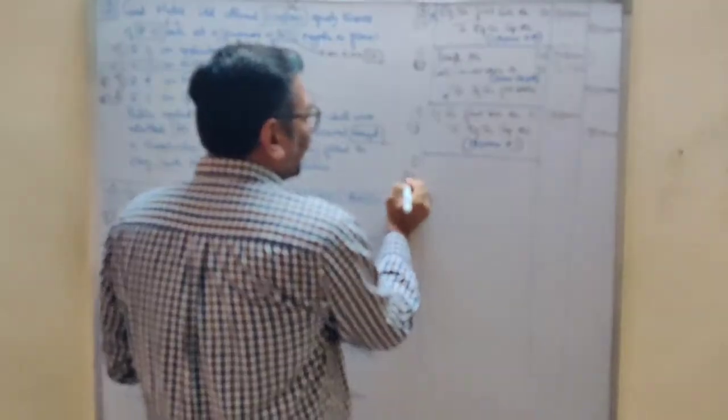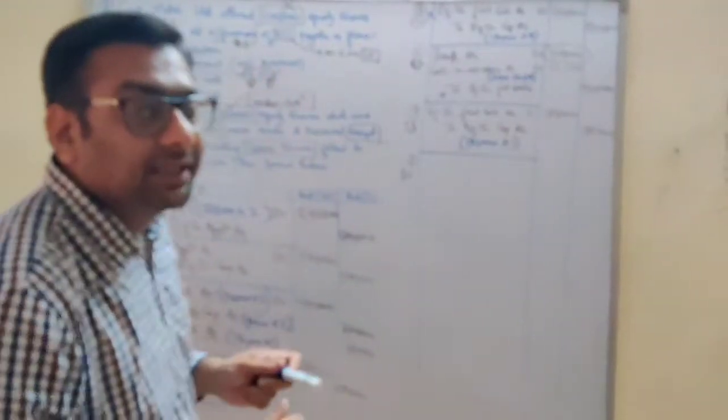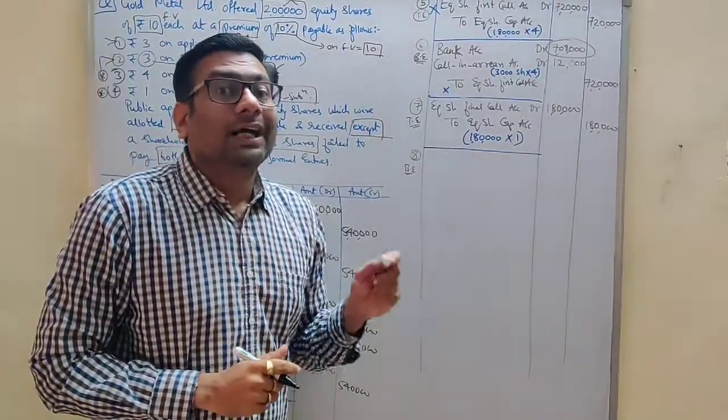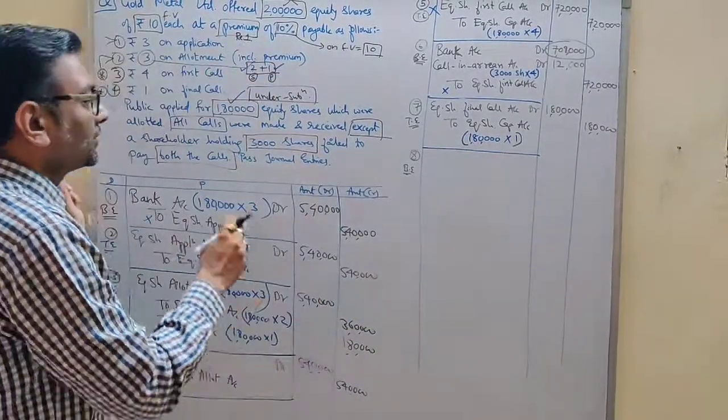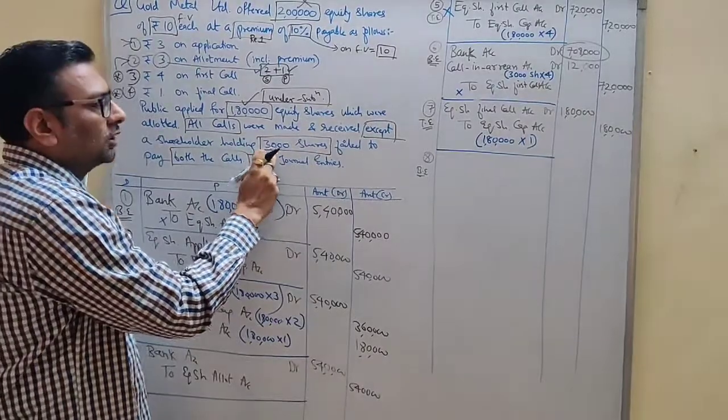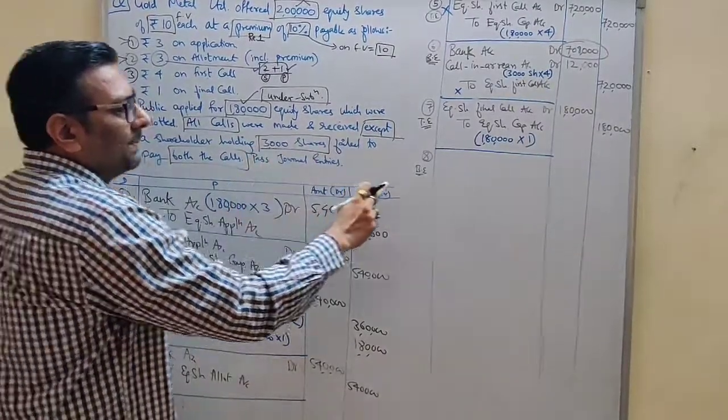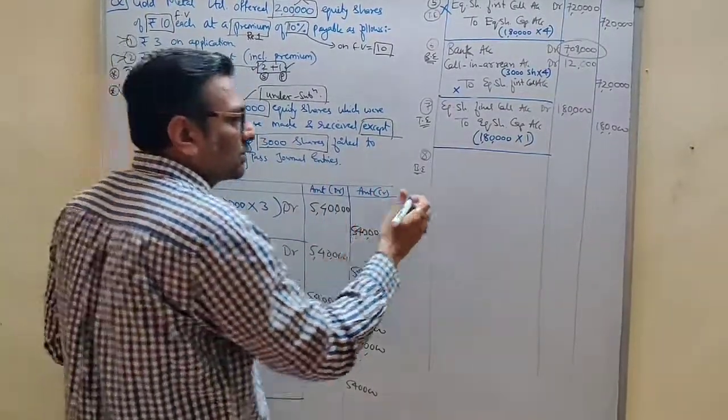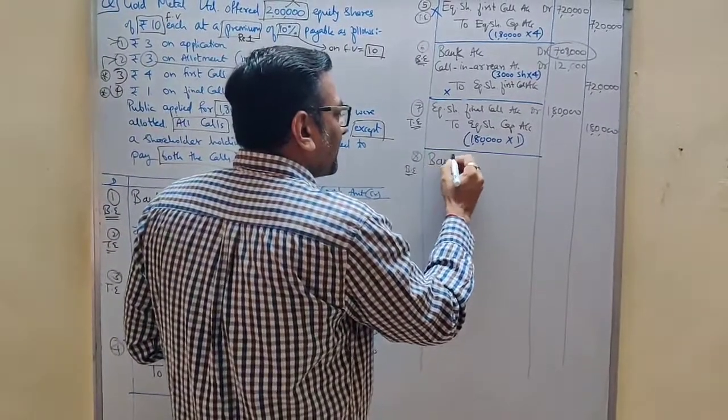Now let's pass bank entry, but be careful with the bank entry. You have to show arrears. So on how many shares you have not received money? On 3,000 shares. So bank entry with the arrear account. So what will be your entry?